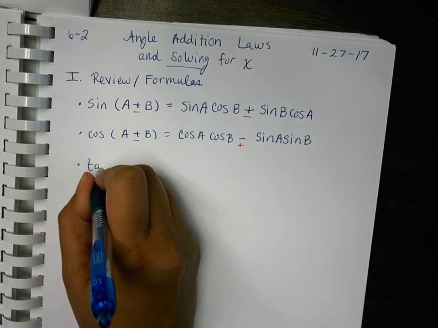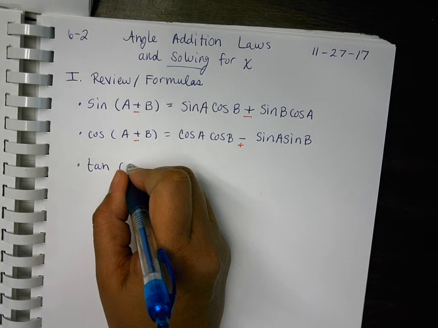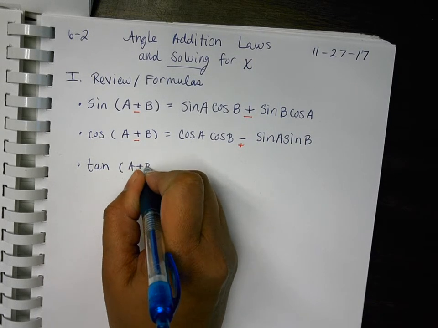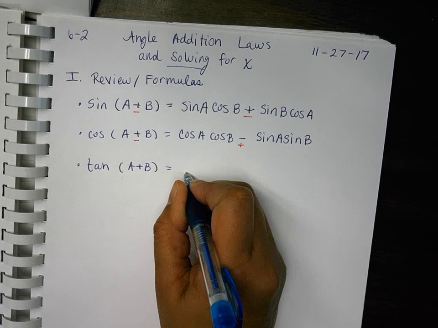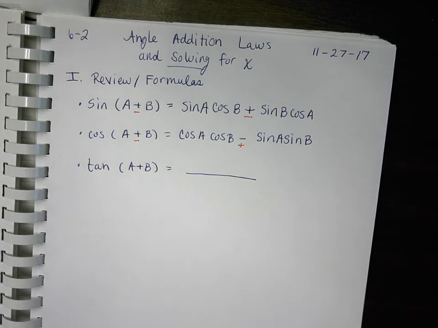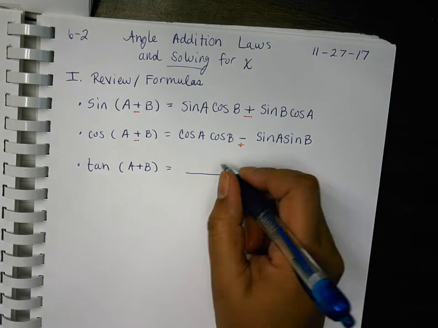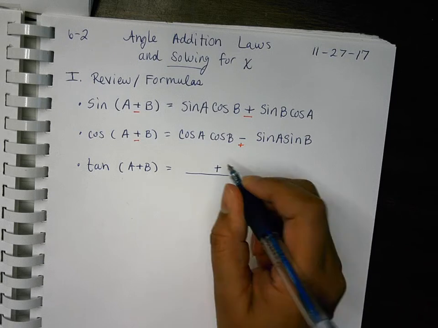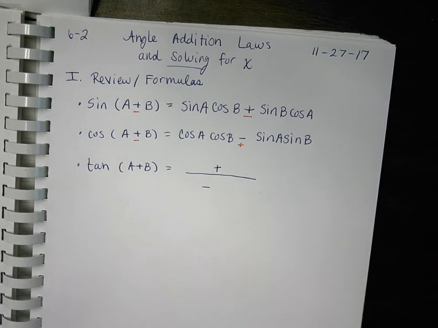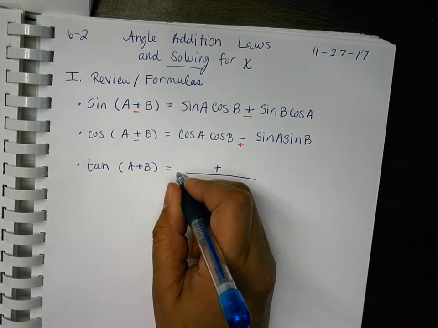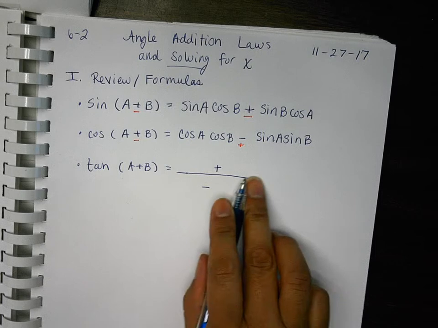All right, and the last one, tangent. We had no little trick for tangent other than just know it. Tan of A plus B. We know it's a fraction, and we know at the top, if it's plus here, the top is going to be addition, and the bottom's going to be subtraction. And it's pretty easy when it's addition. What two things are you going to add together?